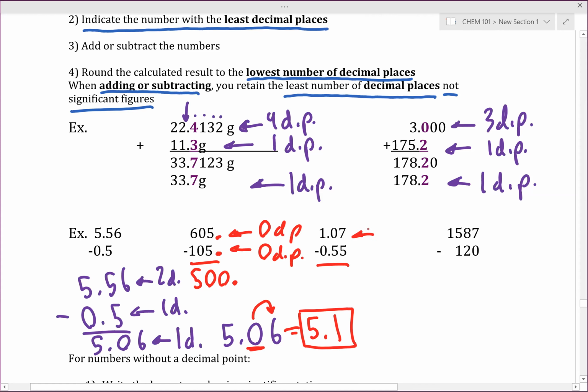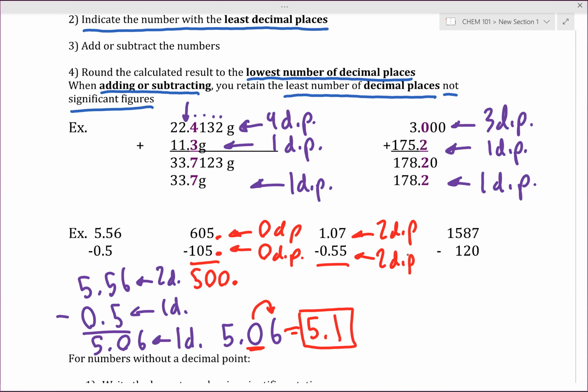How many decimal places does 1.07 have? How many numbers after the decimal point does it have? 2. Has 2 decimal places. What about 0.55? 2, yep. Perfect. The fact that there's a decimal point here makes things so much easier.